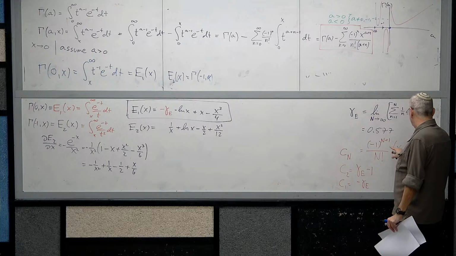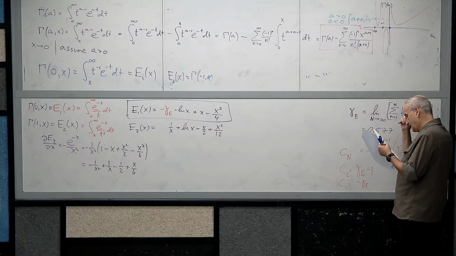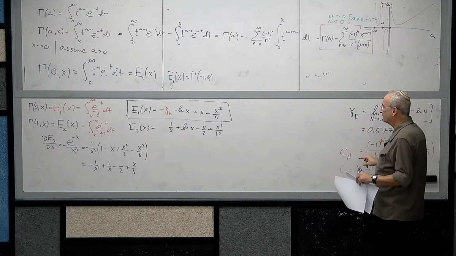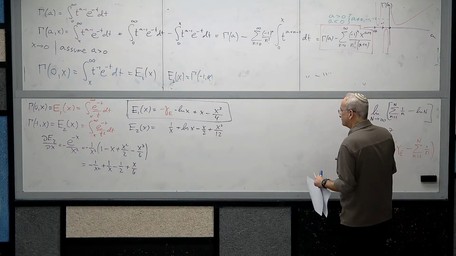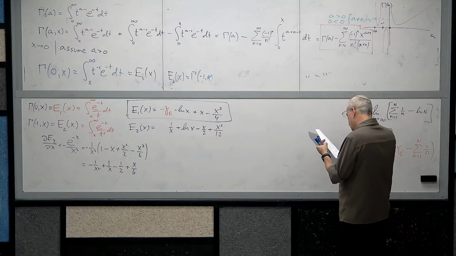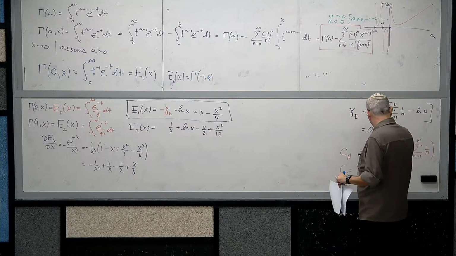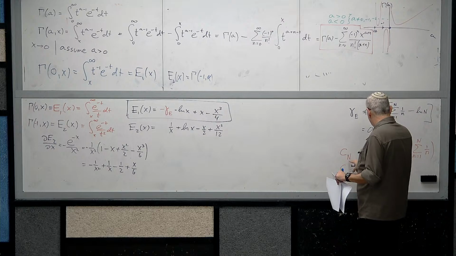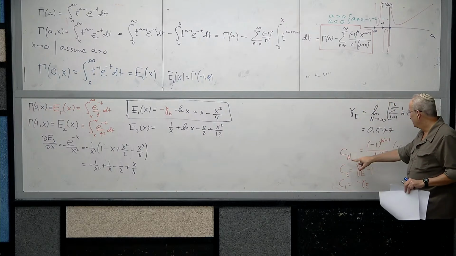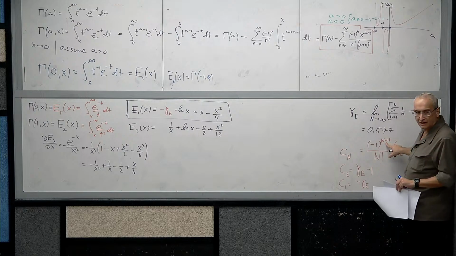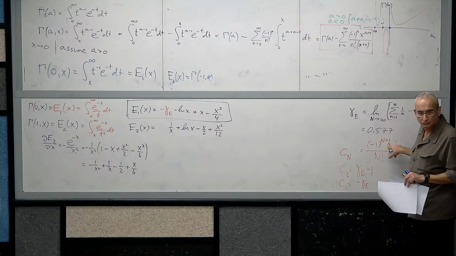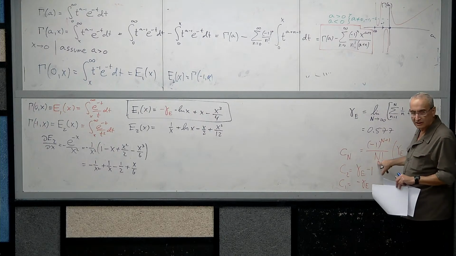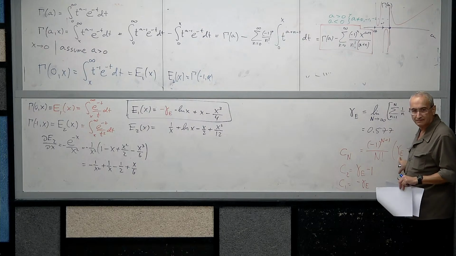If n is 0, then I have minus 1 to the power of 0, which is 1. 0 factorial is 1. And minus 1 to the power of 1 is minus 1, n factorial is 1, and I have minus gamma Euler, right?